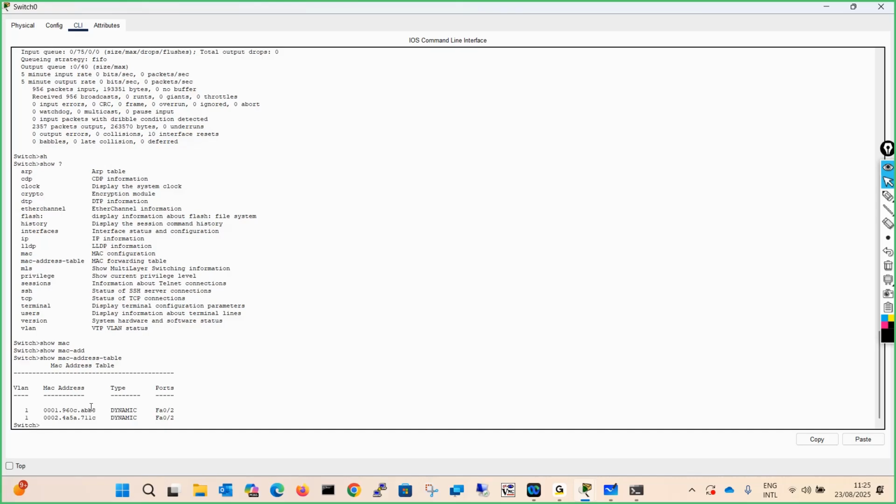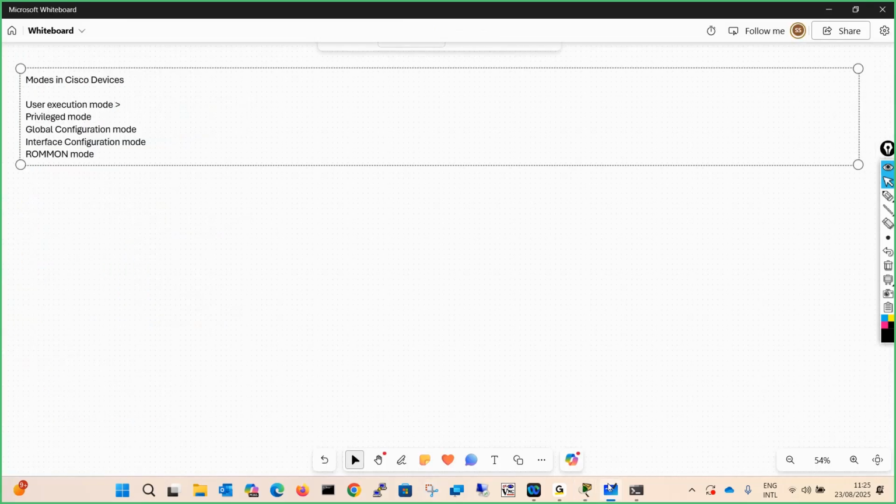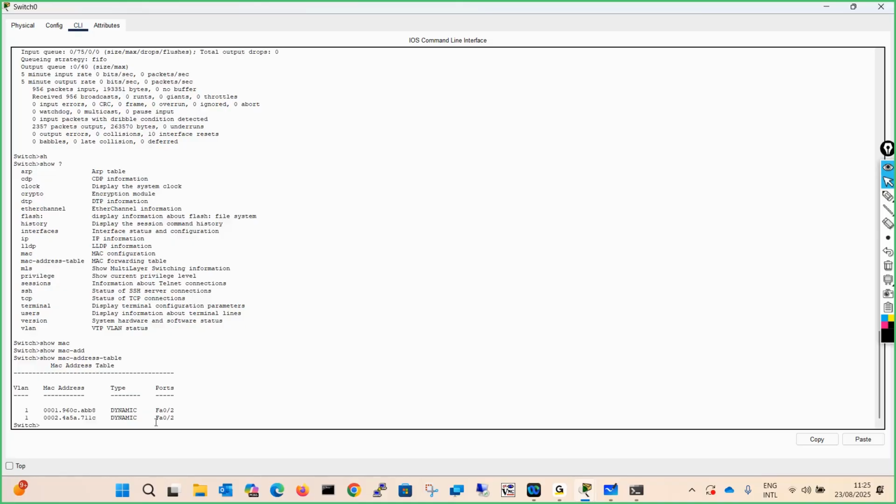Now there is another mode called privilege mode. If you want to give monitoring access, like if you have a level 1 team doing monitoring, there are levels of teams, right? Level 1 is basically doing a monitoring job, level 2 is doing limited configuration, and level 3 is doing advanced configuration and is responsible for end to end network stability.